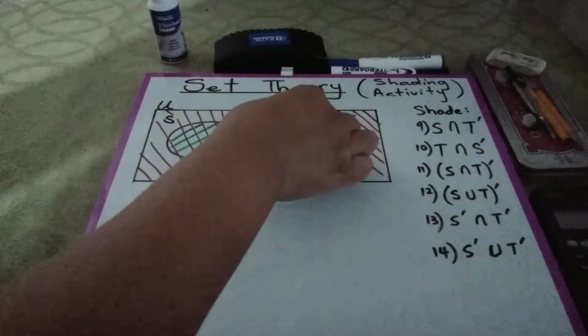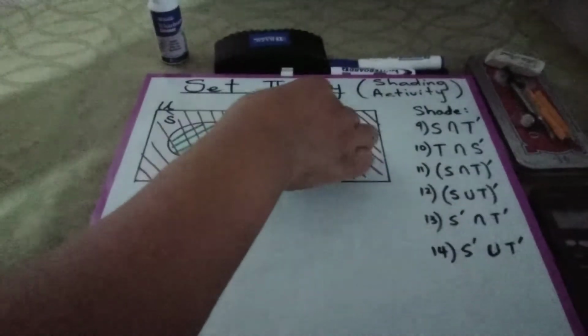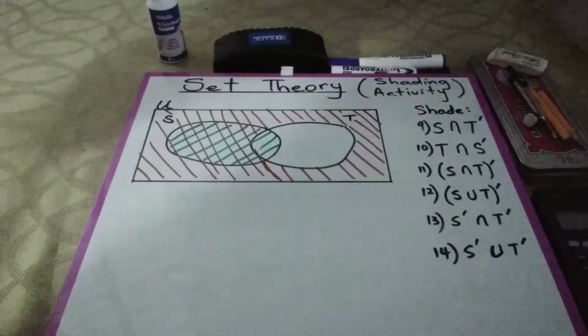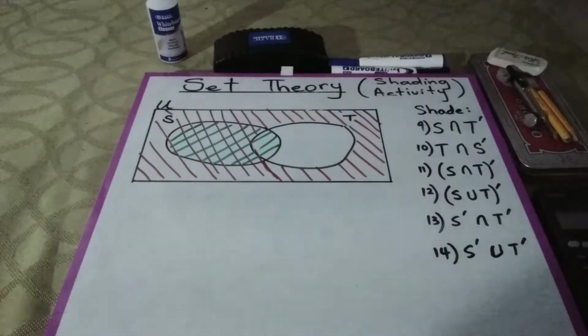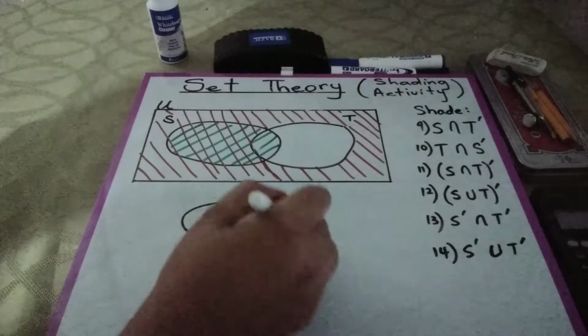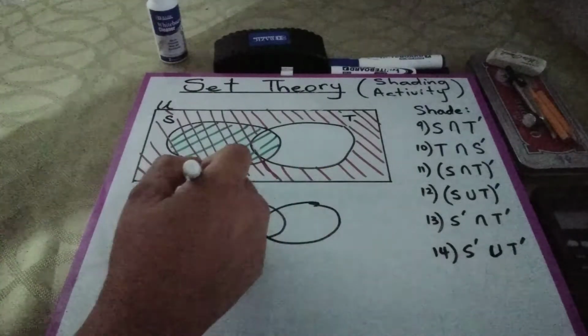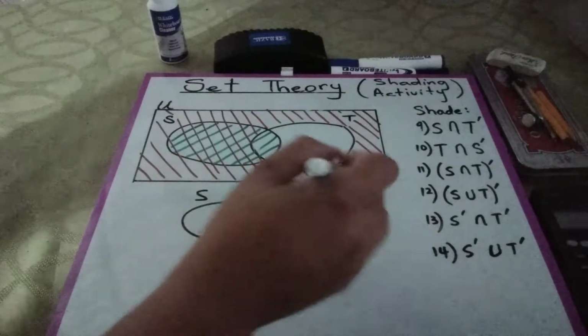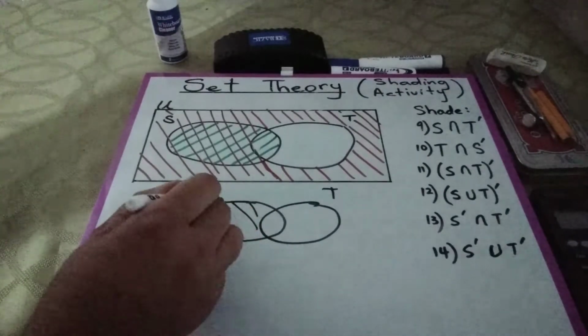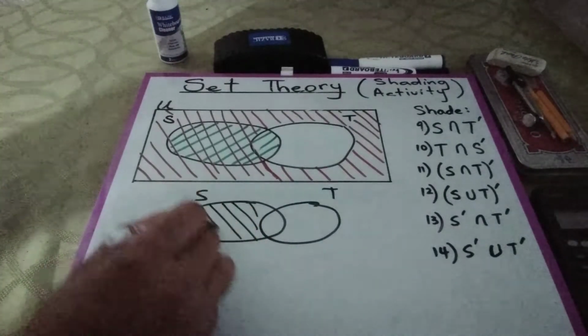Okay, I accidentally shade a little bit in the T. That's an error. So what does it look like? Here is the final result. When we have the two intersecting sets, where we see the double shading is all of this.